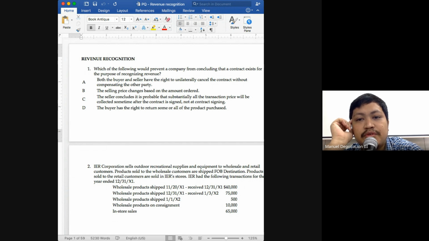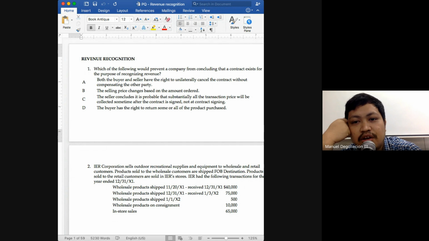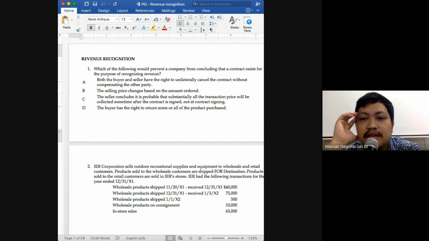The issue is if you are of the opinion that collection of substantially all is not probable at any point, then there should be no contract. But here, collectability is probable. It's just that it will happen after the contract signing. But again, that is not a bar from concluding that the contract exists.